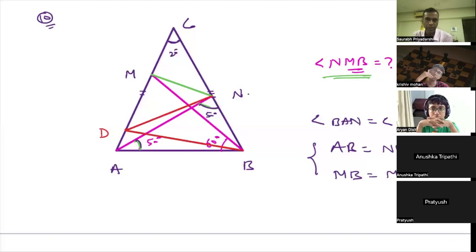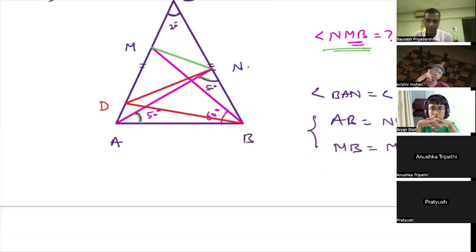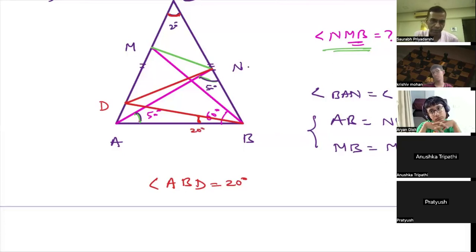So D is taken such that angle ABD is 20 degrees. Whatever this is forming, 20 degrees here, again I'm taking 20 degrees in this one. Just a construction we are taking, right?